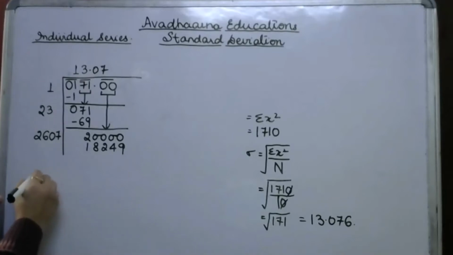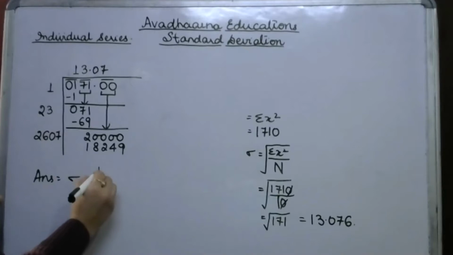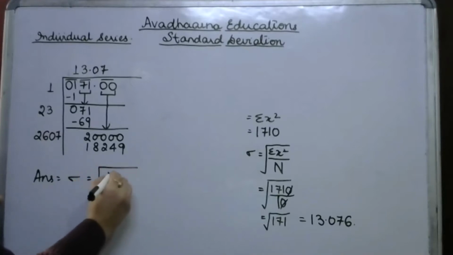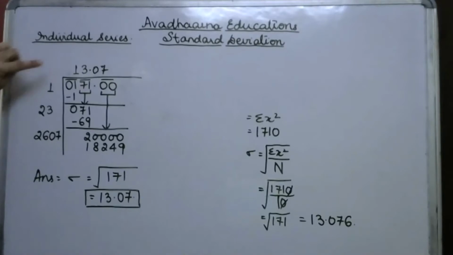Fine. So the answer is, standard deviation is under root of 171, which is nothing but 13.07. I hope that the solution of this question is clear to everyone, and particularly how to calculate the square root.